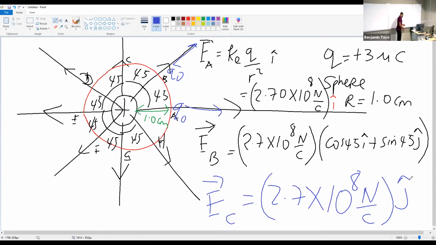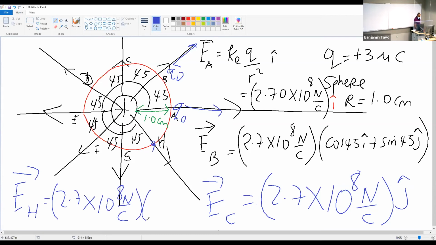So I'll just add one more example here. For example, if you calculate the electric field at point H, which is this point here, you get the same magnitude, 2.7 times 10 to the power 8 newton per coulomb. But as this is pointing like that, it means that the x component is negative, the y component is negative.